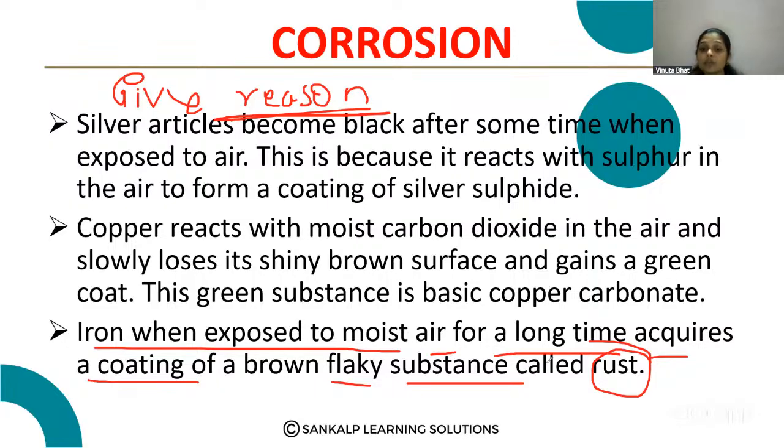That is because iron reacts with the moist air present outside. These are all things we can observe in our day to day life.